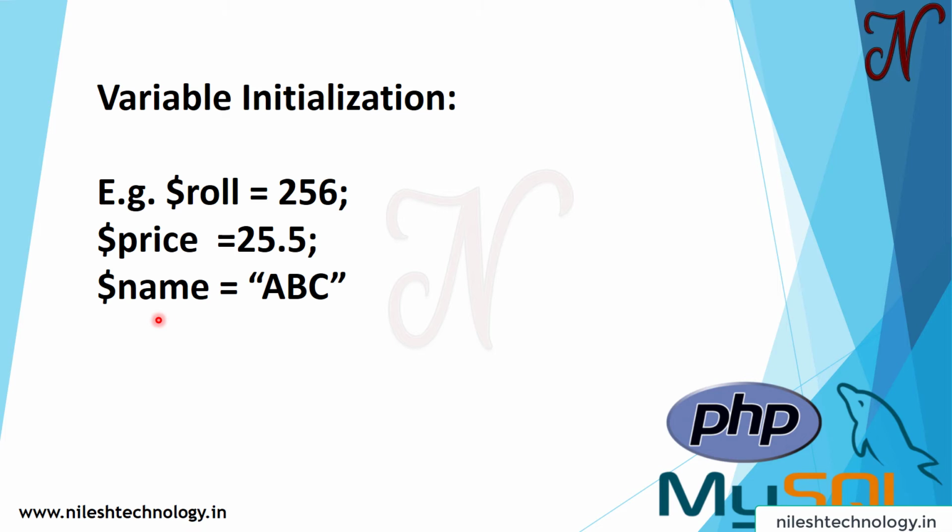Depending on your value, the variable has a data type. 256 is the value assigned to this $roll variable. This value is an integer, so this variable is of integer data type. Then 25.5 is a float or double, so $price is of float or double data type. Then ABC is in double quotes, which means it is a string, so the $name variable is of string data type.